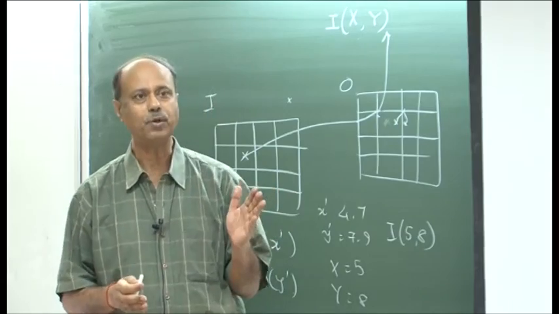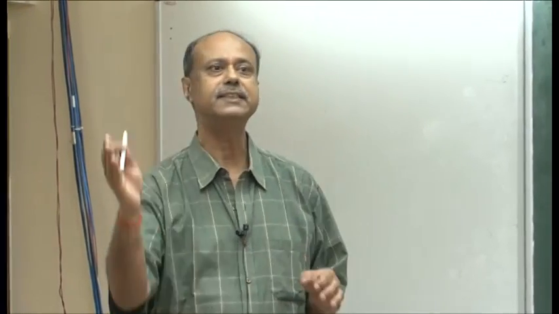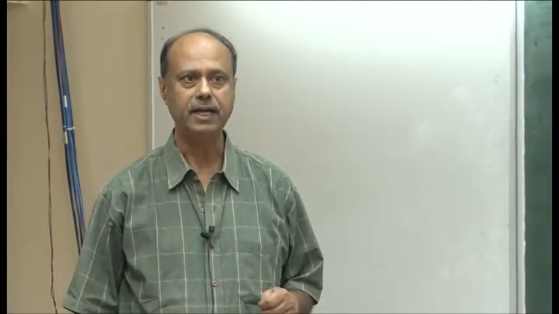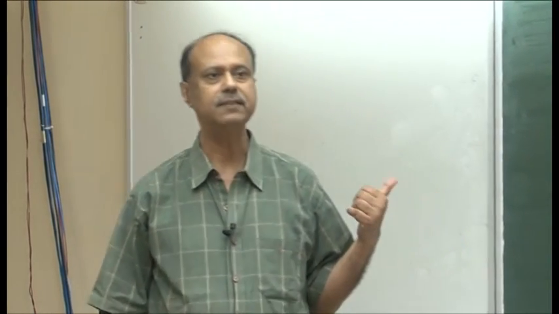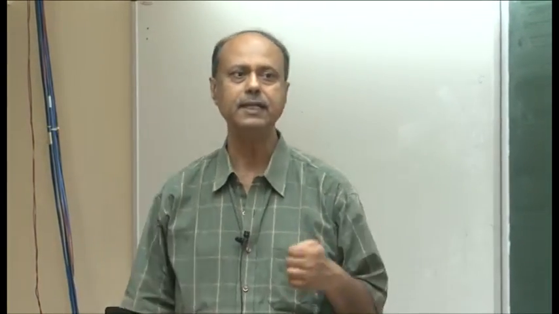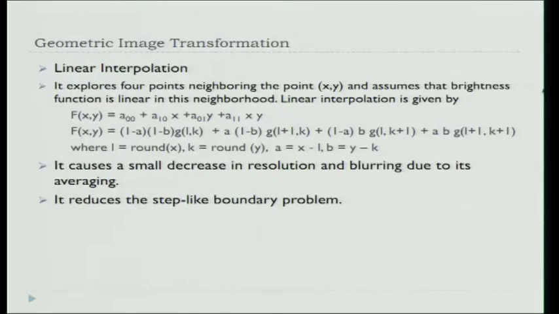So one is a positive 0.5 pixel shift, another is a negative 0.5 pixel shift. So there is a chance of movement error of 0.5 pixels in the x direction and y direction, and a possibility of step-like boundary problems. This is only because of taking the rounding factor.